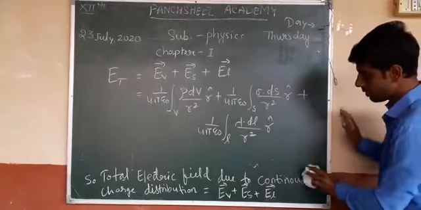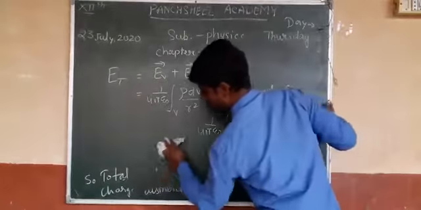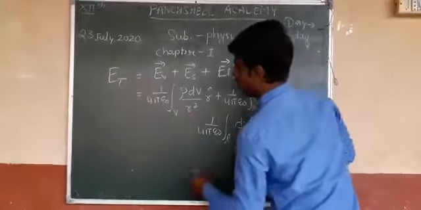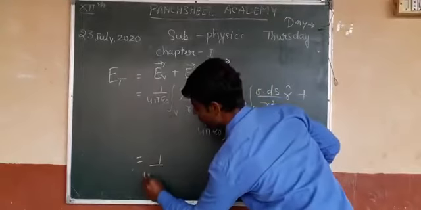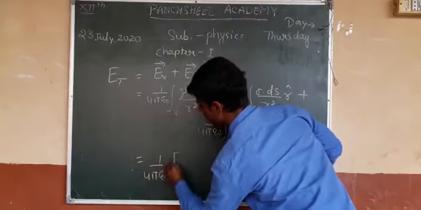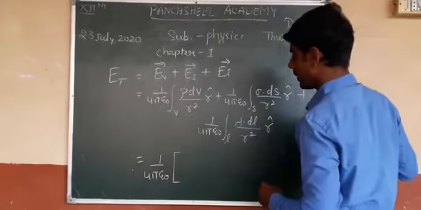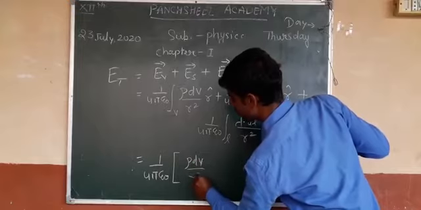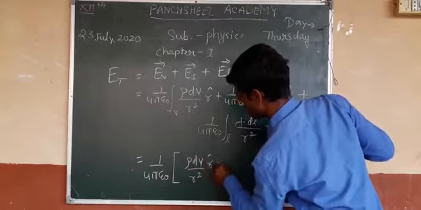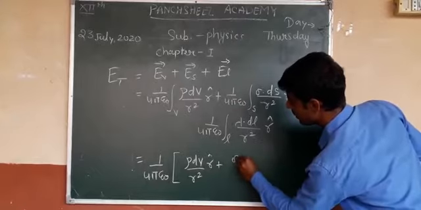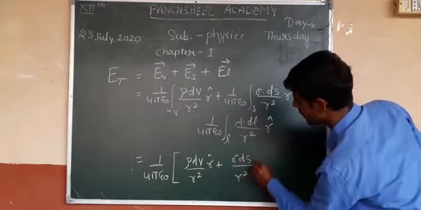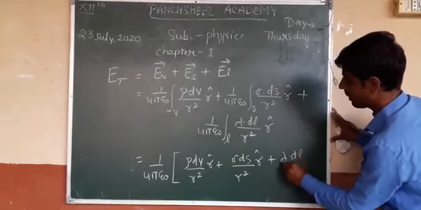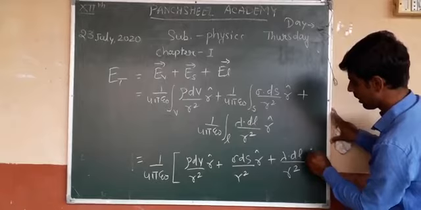So I take the common 1 upon 4 pi epsilon naught, and the remaining is rho dV upon r square r cap plus sigma ds upon r square r cap plus lambda dl upon r square r cap.